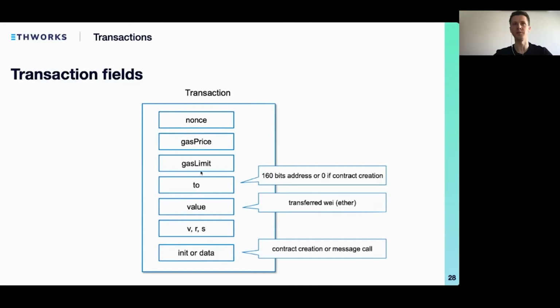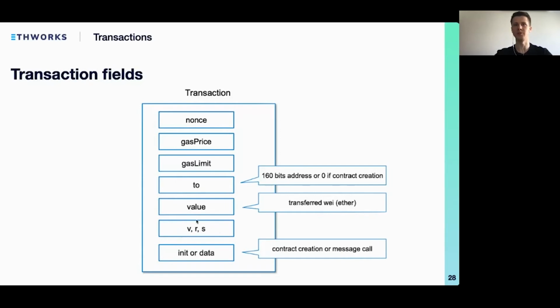Then you have the recipient address. You have the value of Ether that you are sending along with this transaction. It can be 0 if you don't want to send any Ether. Then you have 3 fields which together make up the digital signature of the transaction.